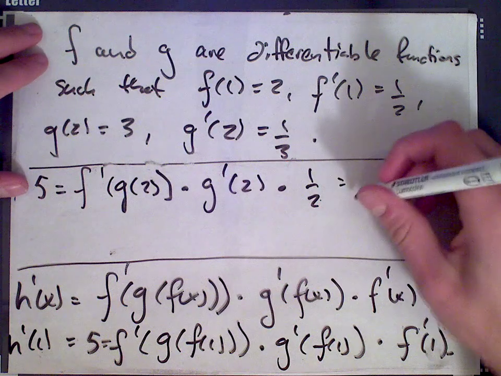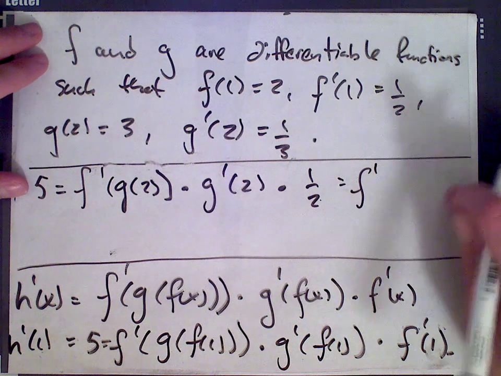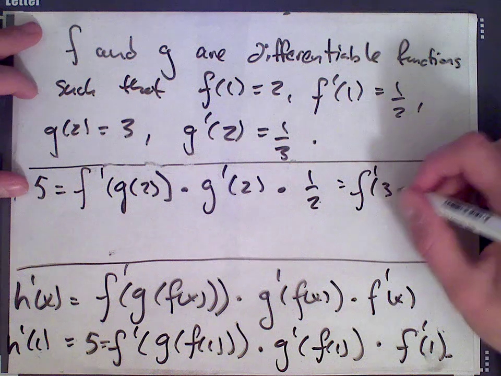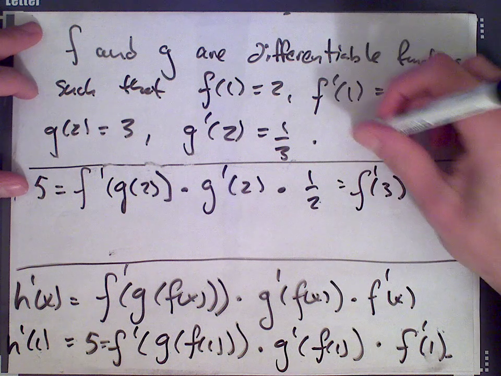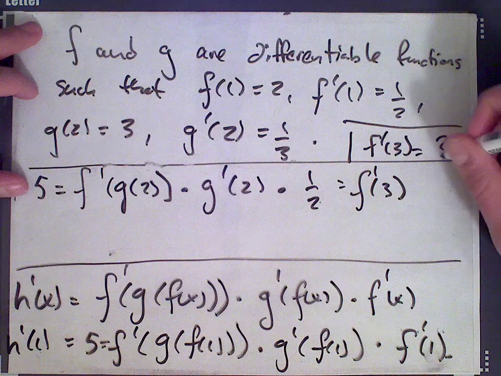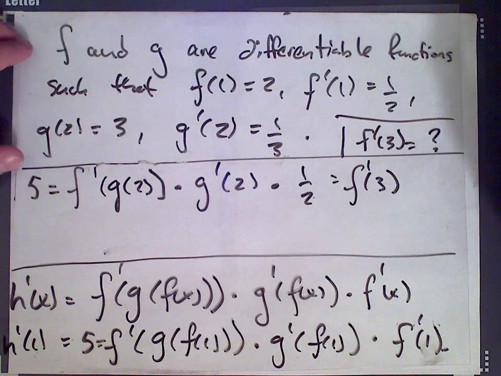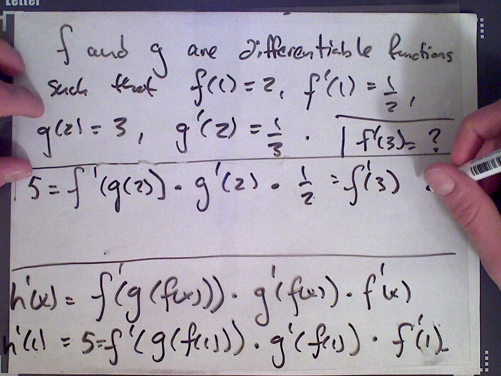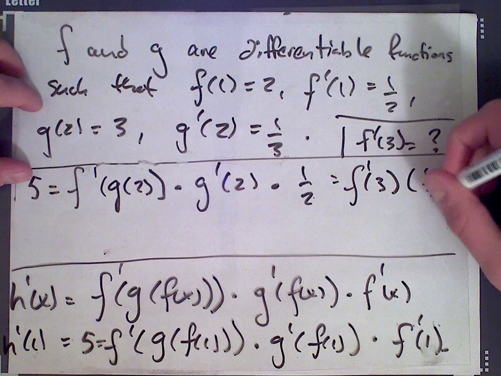There's actually two more steps. We get f prime of g of 2, which is 3, so we get f prime of 3. F prime at 3 is what we're looking for here. We get that times g prime of 2, which is a third.